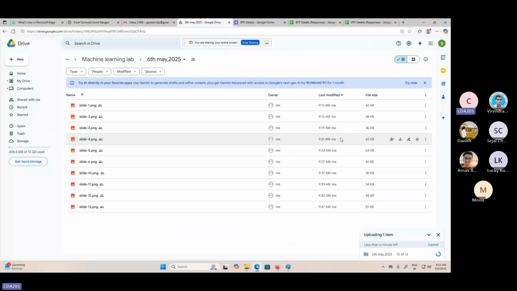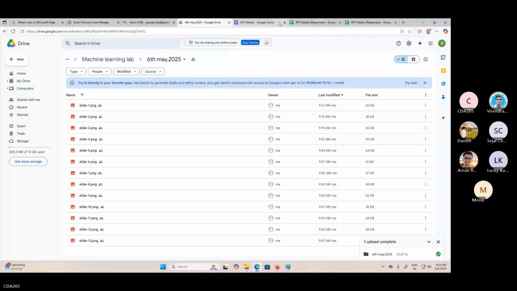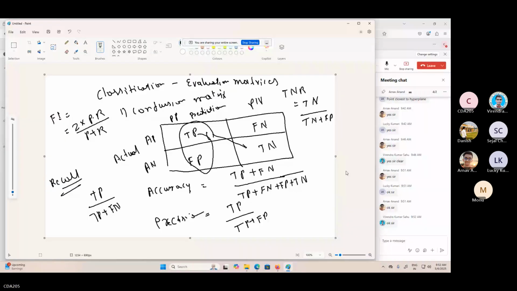After 10 minutes, if you have any doubt in supervised learning, you can ask. Else we will start with the unsupervised part.